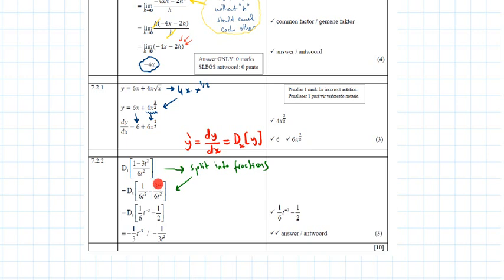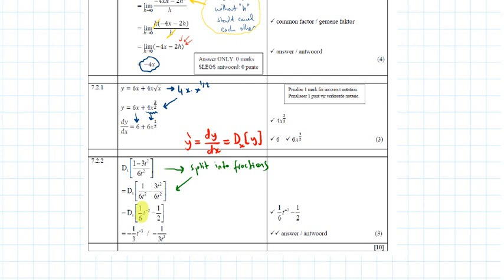So 3t squared over 6t squared, the t squares cancel, 3 over 6, it's 1 over 2. But then 1 over 6t squared, 1 over 6 stays in the denominator, but t is still in the denominator and I don't want it. So I can take it up above as t to the power of minus 2. That is fine to be able to take the derivative. So then I can just apply the rule, 1 over 6 times negative 2, and decrease the power by 1. Just be careful applying the rule correctly.